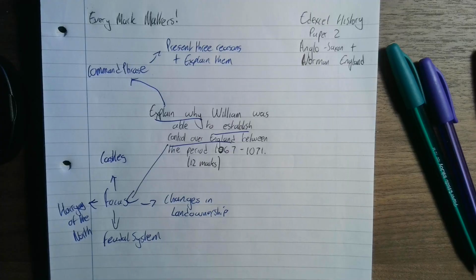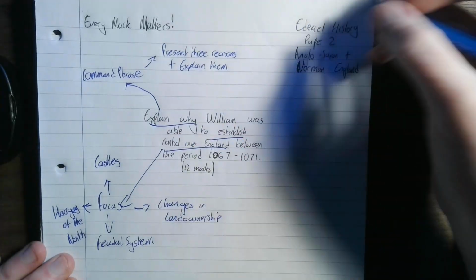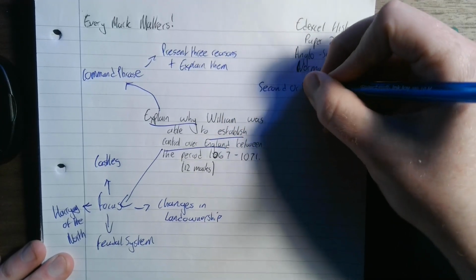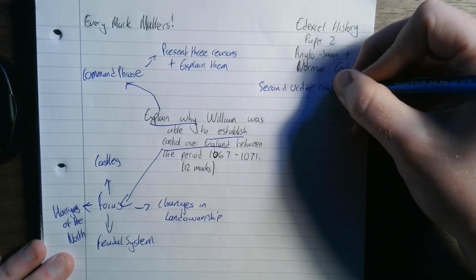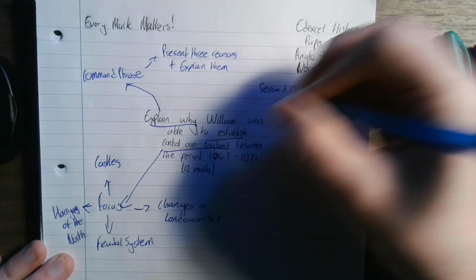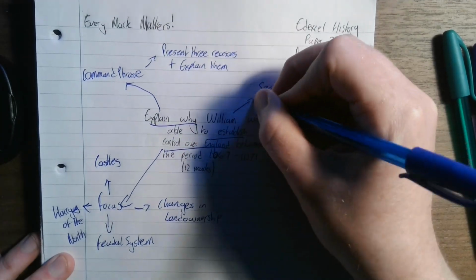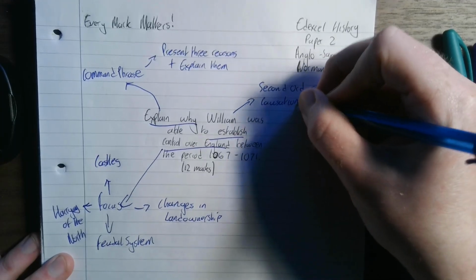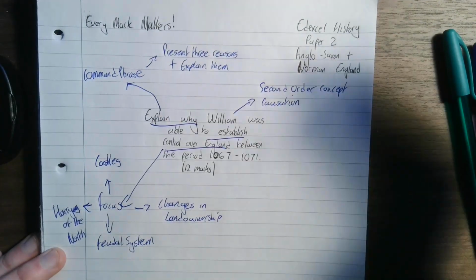So, finally, let's have a little look at the second order concept. For this question, it is causation. For the Normans, it will always be causation or consequence.